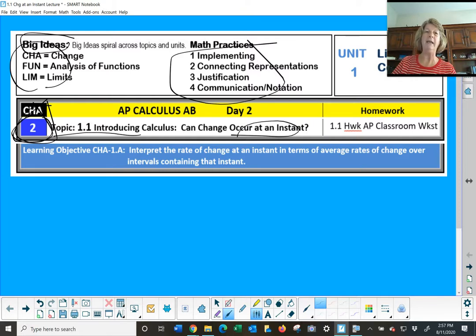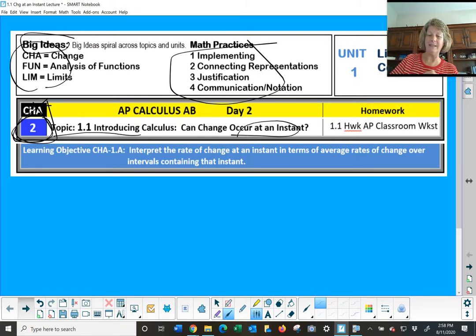And then lastly, being able to communicate mathematically and write mathematical notation precisely. These are big topics for AP Calc, and you're going to find that the rigor level is quite high and the expectations are going to be high because we want to set you up to be ready for college, especially if you're going to skip over Calc 1 because you're going to pass the AP test.